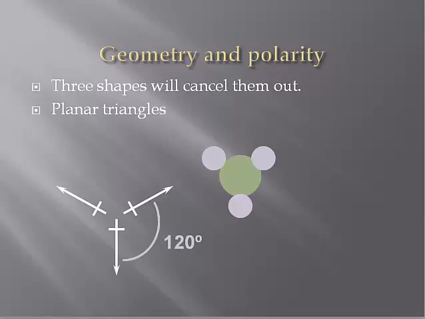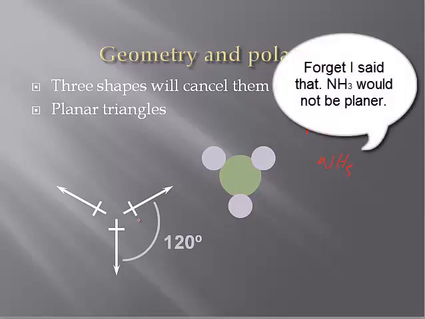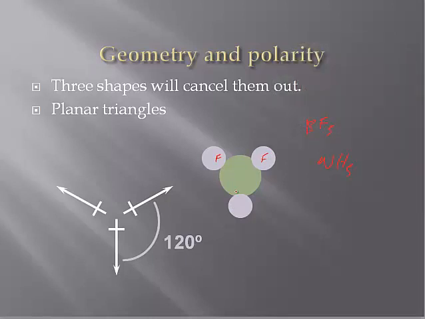Let's look at another molecule. This one has three things. There's a couple molecules that I could think of that look like this, like for example, boron trifluoride, BF3, or you could have something like ammonia. If we're talking about the same element on each side, if these were all fluorines, then you could see that the way the polarities go, they cancel each other out.